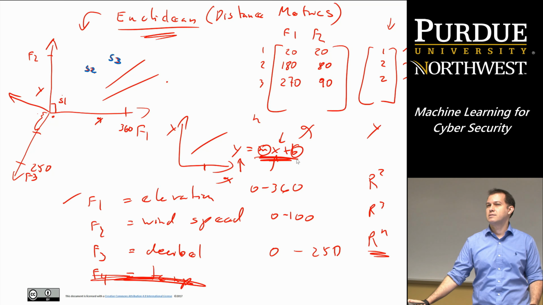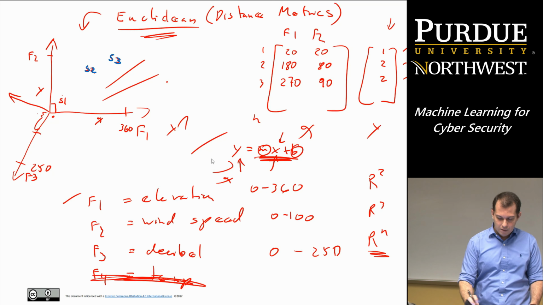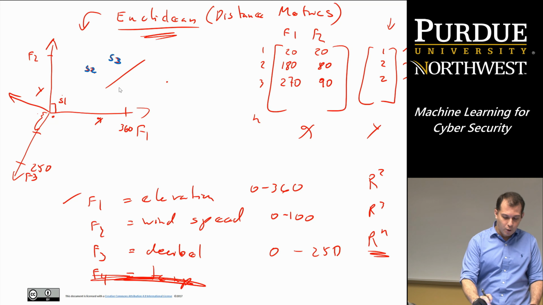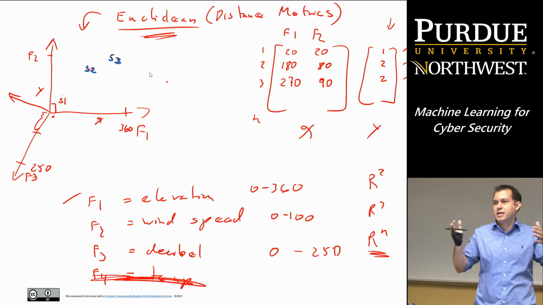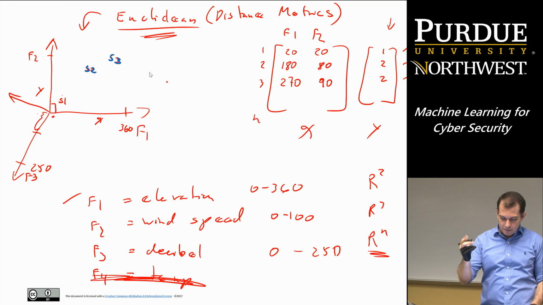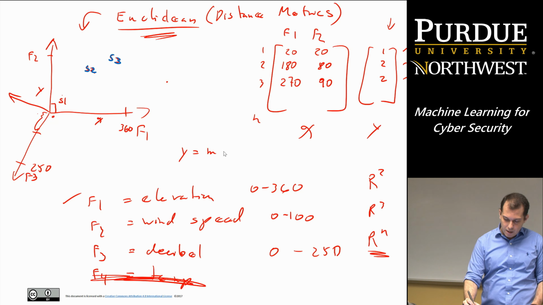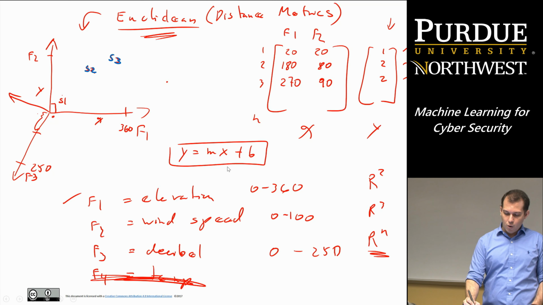Does that make sense? I can say this again, but this is important. Once you understand this concept, that's pretty much it. Everything else is just complicating this. So it's y = mx + b.